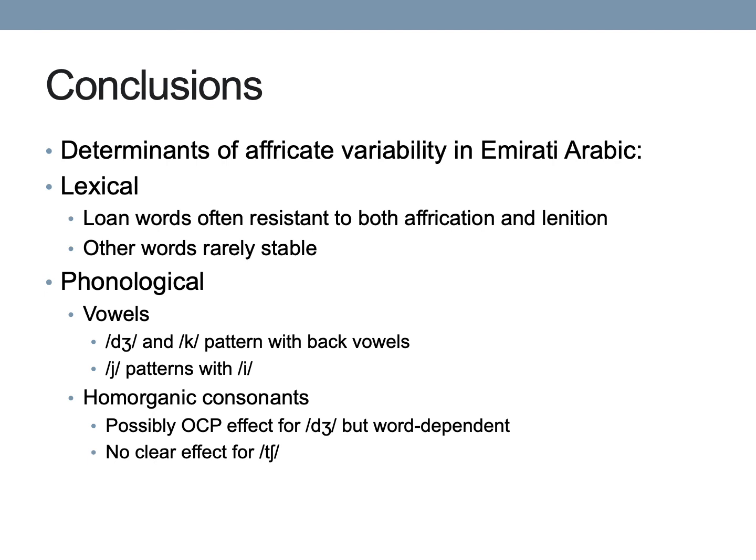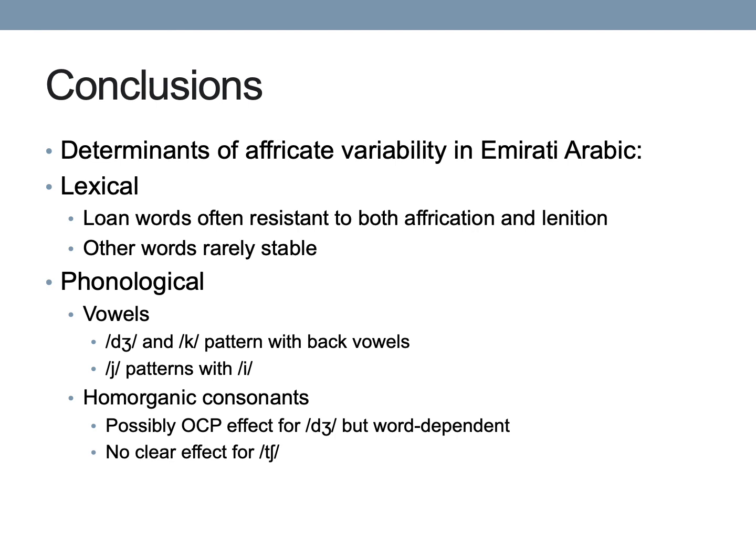Affricates in non-borrowings usually varied at least to some degree in both the corpus and the experimental study. In terms of phonological factors, we have confirmed the prediction that back vowels pattern with the MSA variants, k and j. Interestingly, our corpus data failed to confirm the common claim that the vowel E facilitates affrication, although it did appear to facilitate lenition.